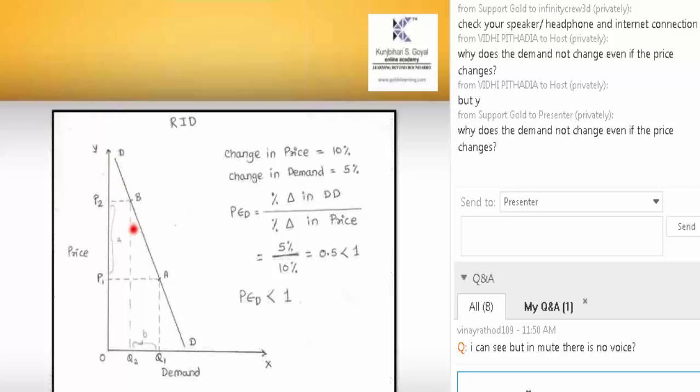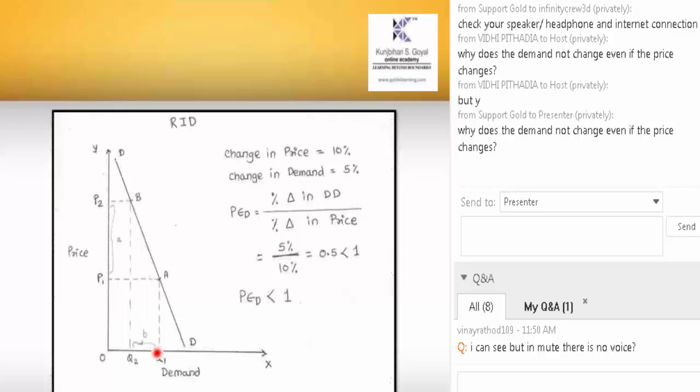Bring it till the mid of the x-axis. Right? And what you will get is a steeper demand curve. Earlier what we were drawing was a flatter demand curve. This is a steeper demand curve. Right? So why steeper? Now let's see this one. Original price is OP1.